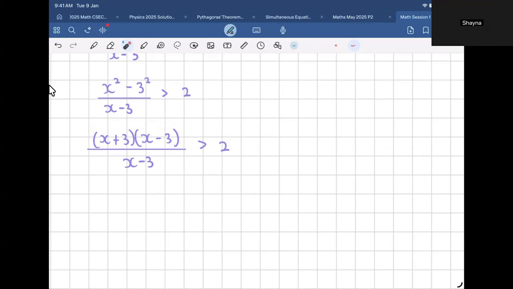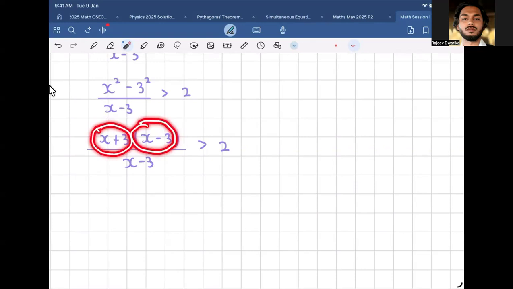The x plus 3 and the x minus 3. Right, so I'm multiplying the x plus 3 by the x minus 3. Can you see that there's a product over there? Yes, sir. Are you seeing a product over here now? Yes, sir. Right, so it's only when you have a product that you could cancel off.